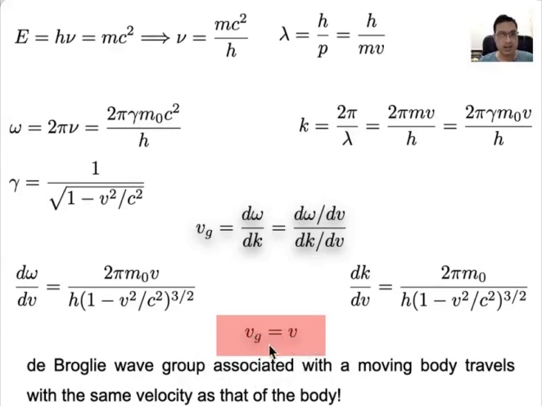Not in terms of the phase velocity, but it is equivalent to the group velocity. Now let's try to establish a relation between the phase velocity and group velocity and understand some more properties about the system.